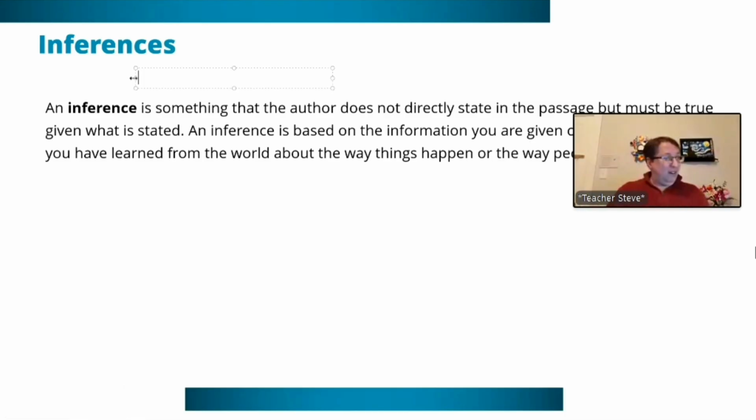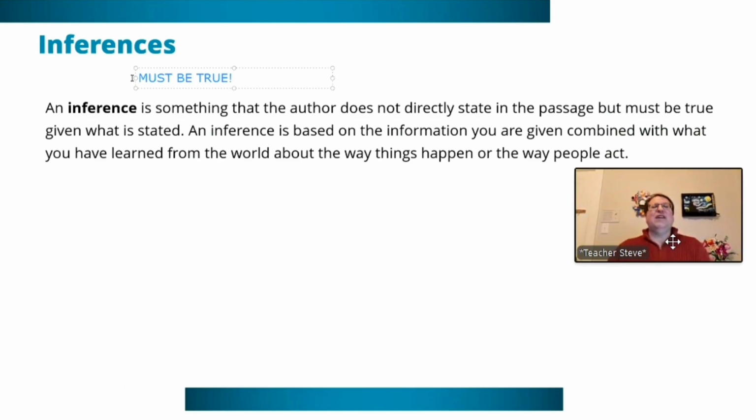We're going to put this in all caps to really bring this home up at the top here. Whatever inferences you make on a passage must be true based off of the passage. If it's not directly stated, then it's just not true.